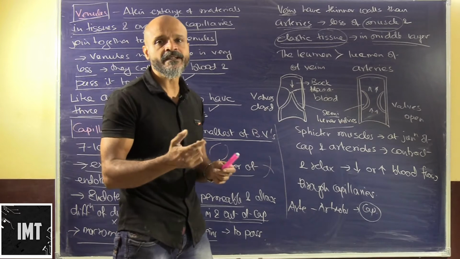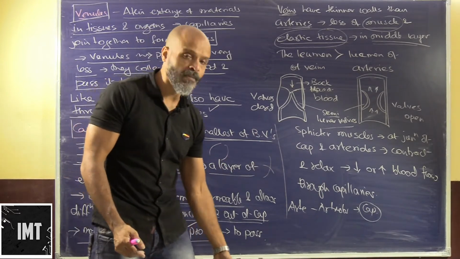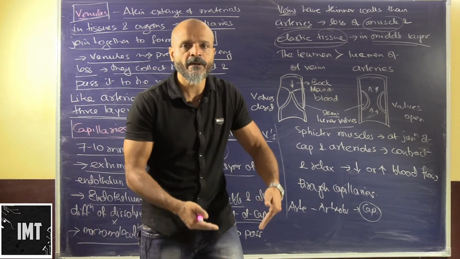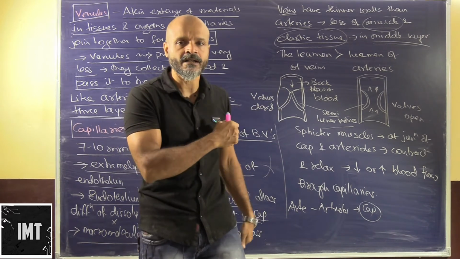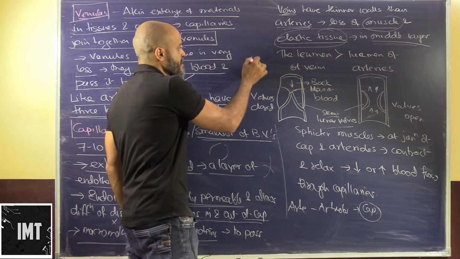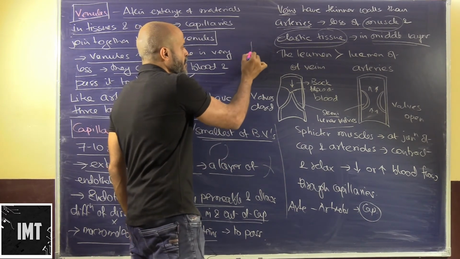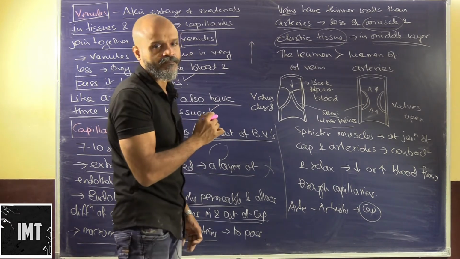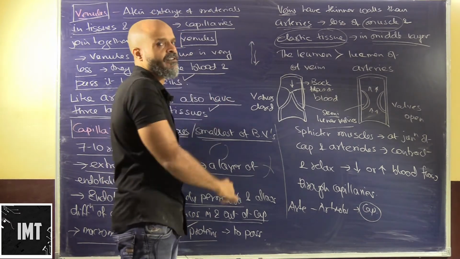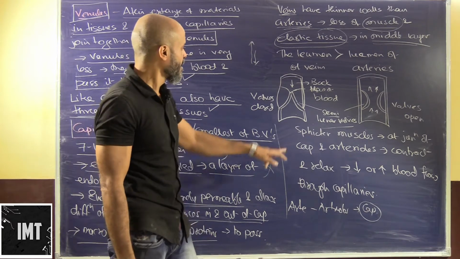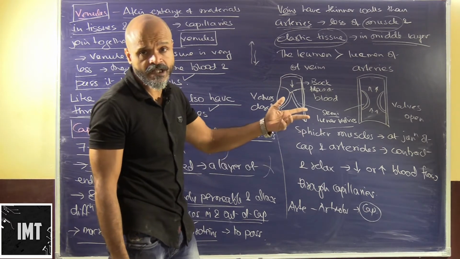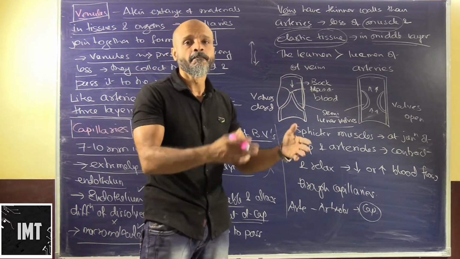So there is a high chance. Let's say the blood is flowing from the bottom of my foot all the way up to the heart. Obviously, since the pressure is low, the blood is rising up against gravity. So there is a high probability that this blood will backflow.